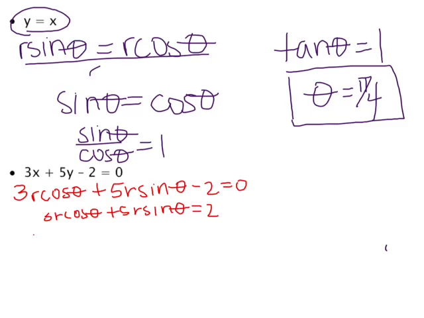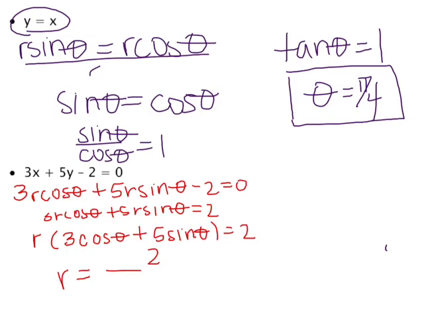That way over here we can factor out an r from 3r cosine theta and 5r sine theta. So that now we can divide this over, and we know r is 2 over 3 cosine theta plus 5 sine theta.